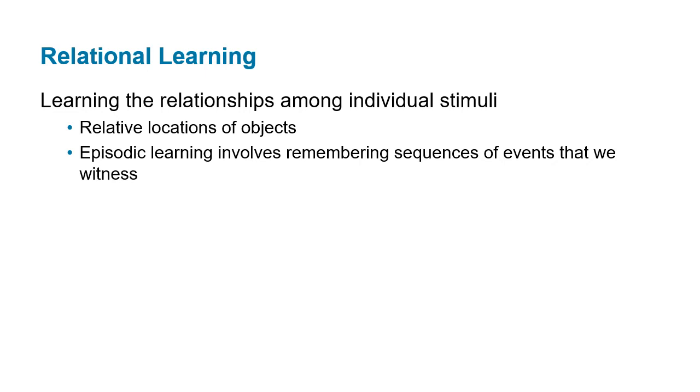Basically, as it says here, the relative location of objects, but you've got to recognize what an object is to recognize relative location. How our episodic memory involves remembering many different things, many different senses. So relational learning is basically going to be an integration.